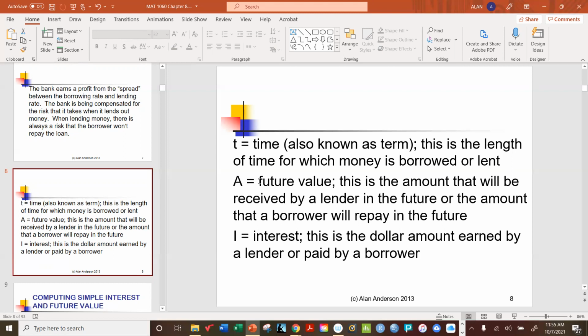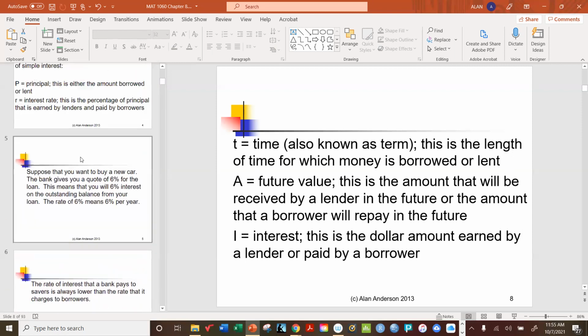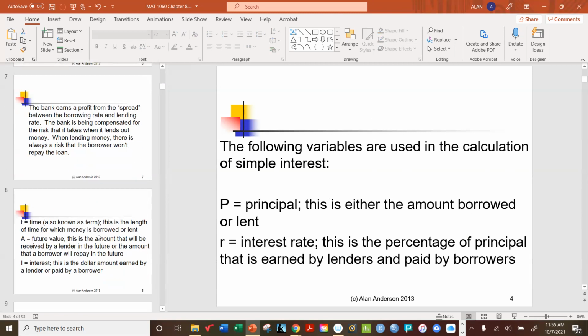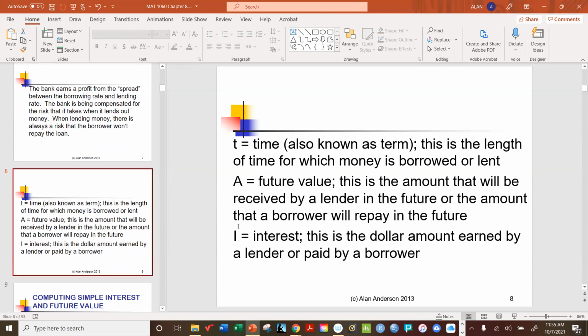All right, and then finally, you notice we have another variable which seems to be the same as this one: interest. Not really, because this R is an interest rate, which is a percentage, and this I is also interest, but this is the dollar amount.